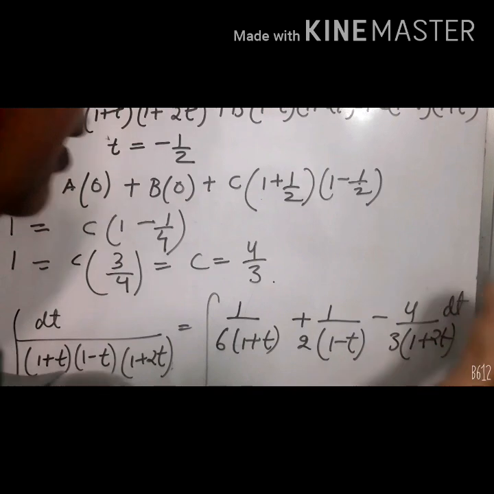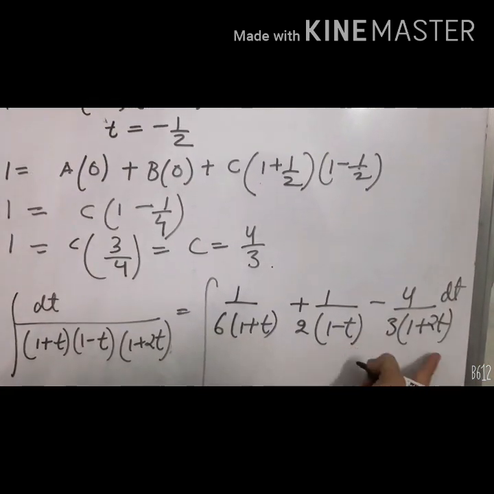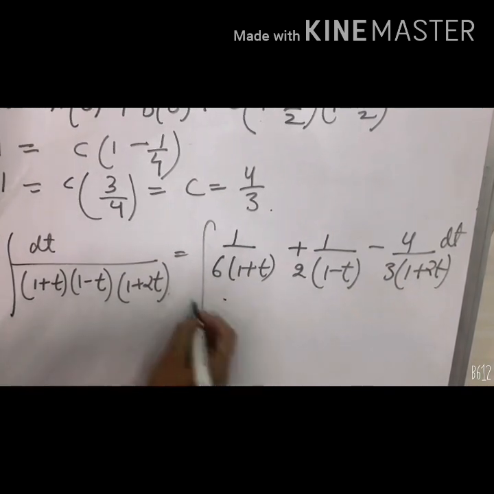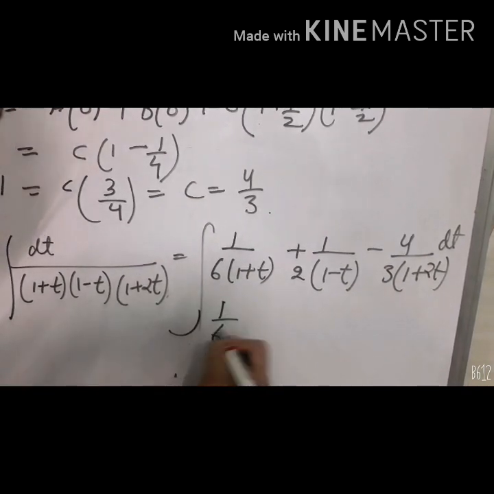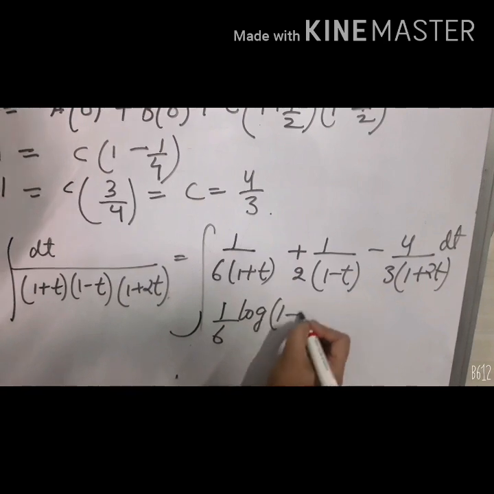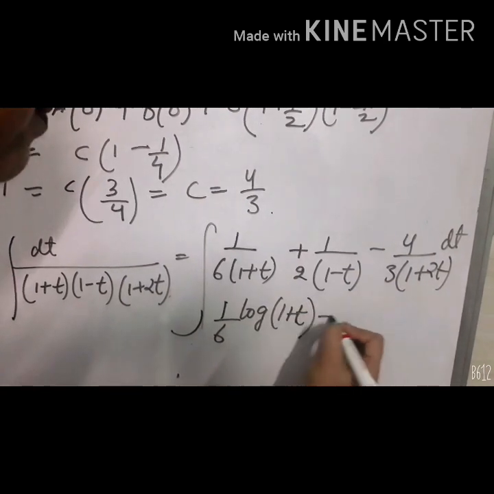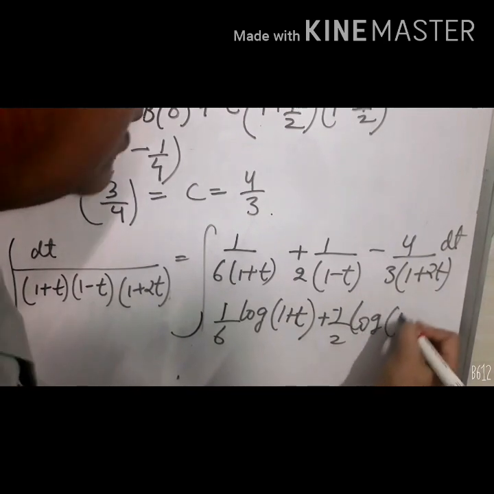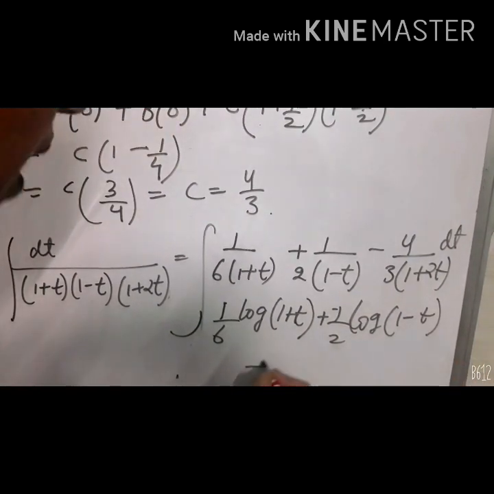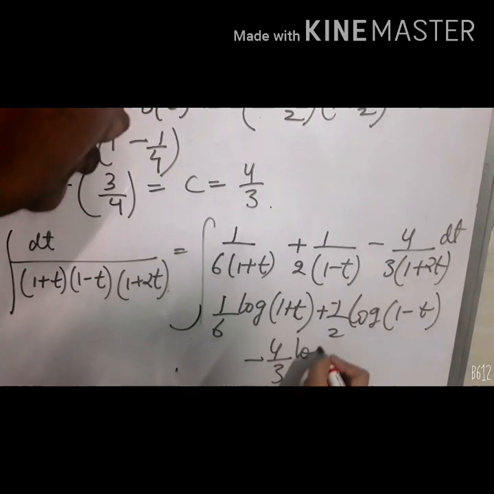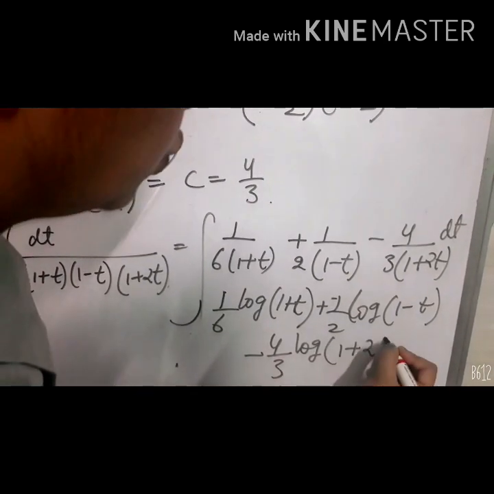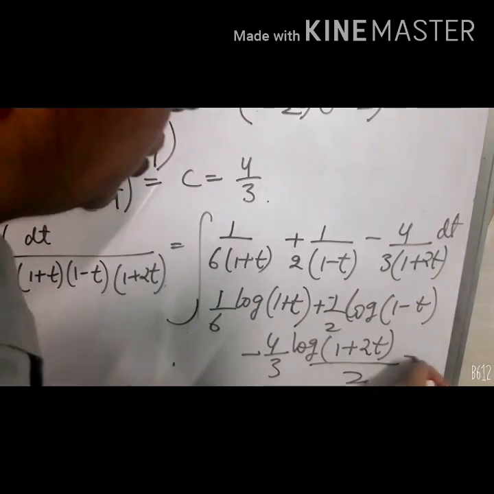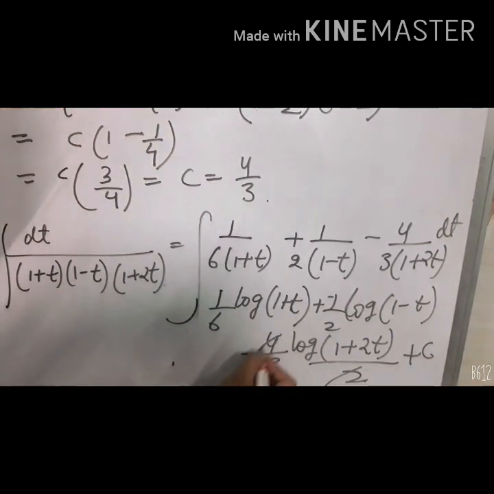Fine. Now, linear, linear and linear, no power. It becomes 1 by 6 log 1 plus t plus 1 by 2 log 1 minus t minus 4 by 3 log 1 plus 2t, but t's coefficient is 2, divide by 2 plus C. So it got cancelled.